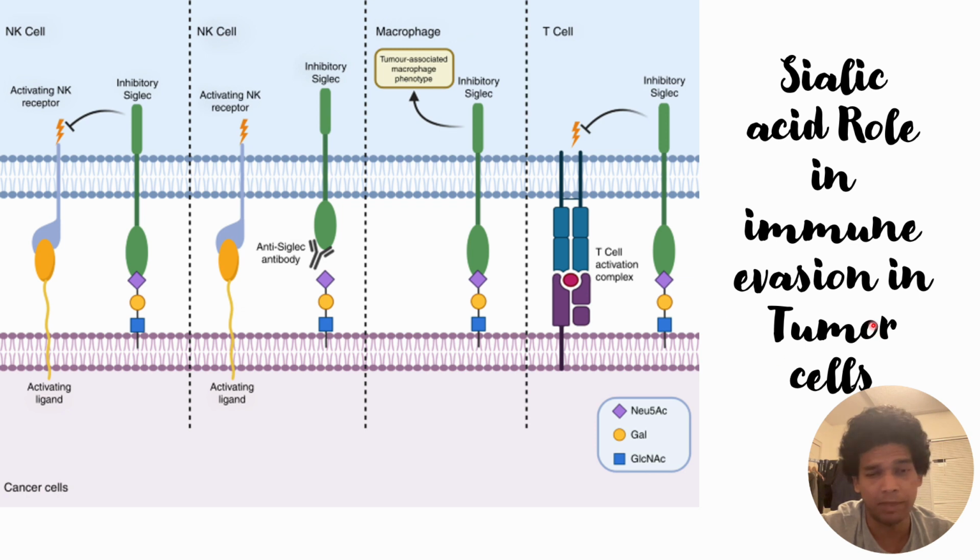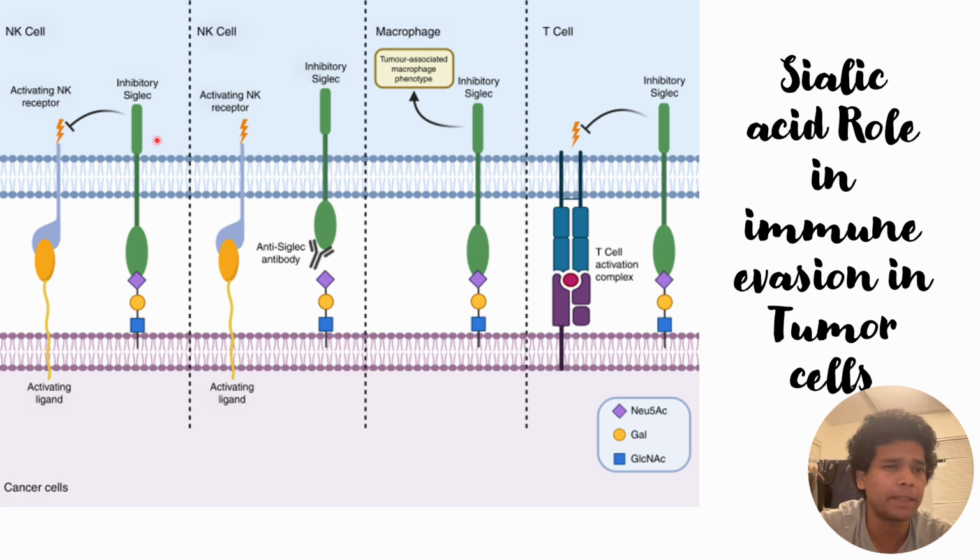One way it provides immune evasion is by shielding the tumor cells from the immune system, or immune cells of the host, so that immune cells such as T cells will not be able to detect the antigen on the tumor cells, which would help the T cells trigger an immune response against the cancerous cells.